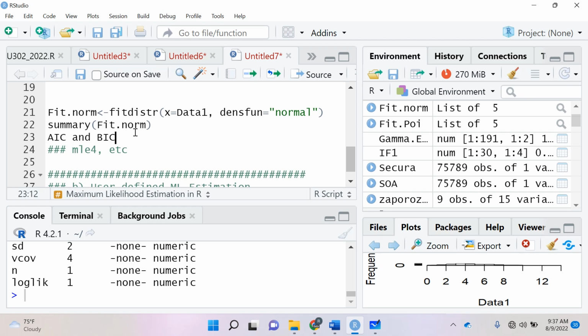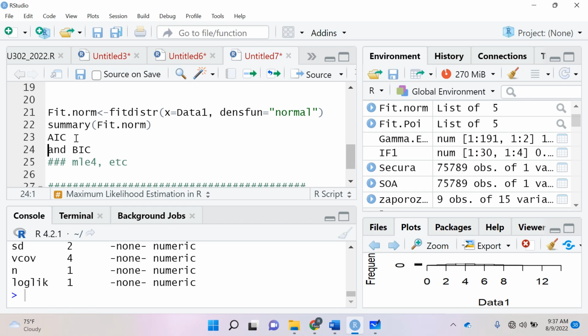So if I want to write a function to calculate the information criterion, it's just 2 times the number of parameters that I want to estimate minus 2 times the log likelihood. If it's a function, I can call it like a function. This function will take in k, which is the number of parameters, and L, which is my log likelihood value.